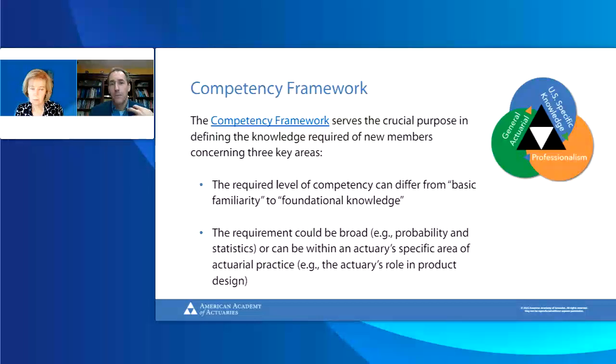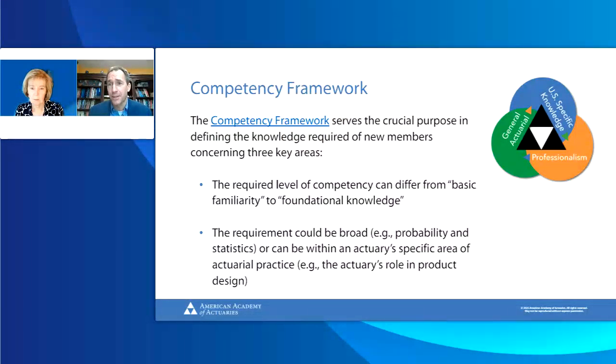The two most commonly used standards are basic familiarity, which means that you've been exposed to the topic, you have some knowledge of the topic. I've taken to saying that you know more about that topic than the average educated person, but you may not necessarily have extremely detailed knowledge about that particular topic.